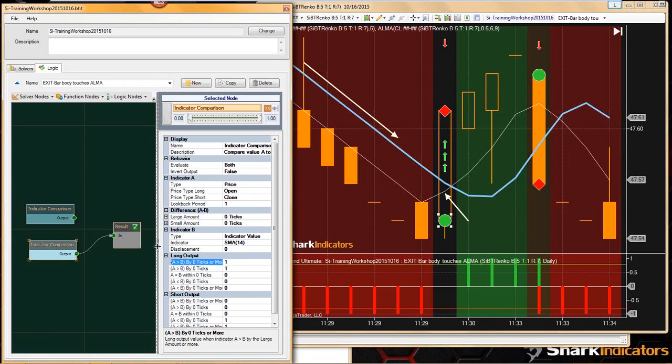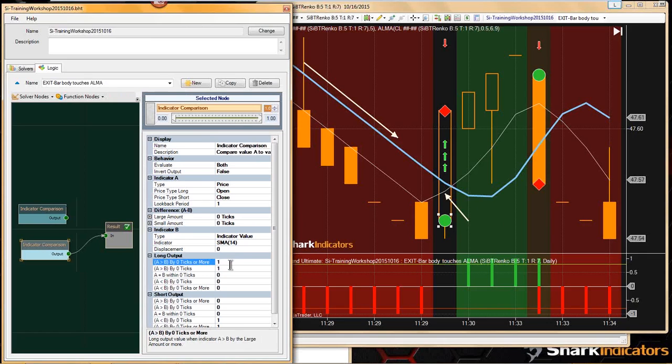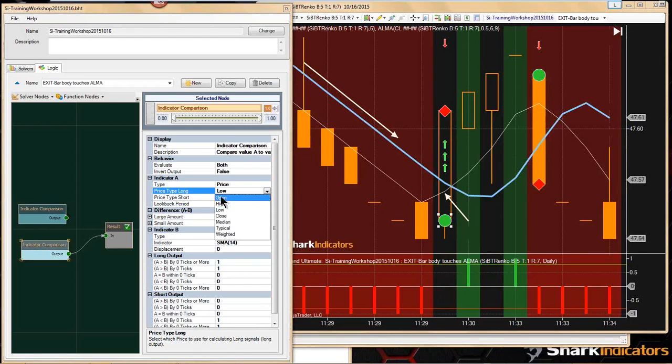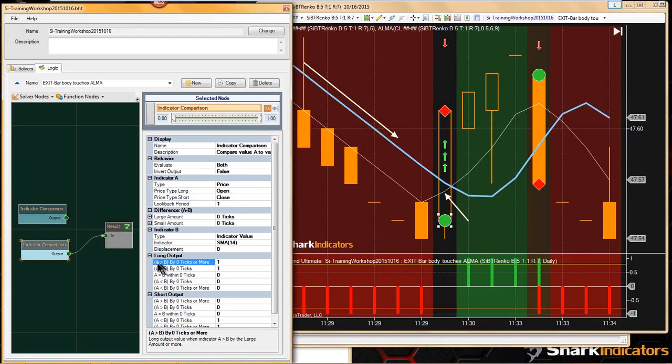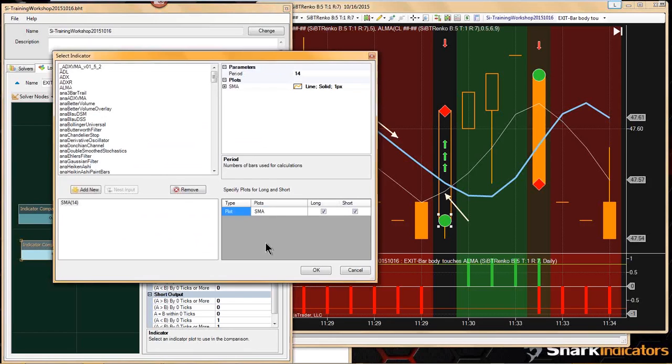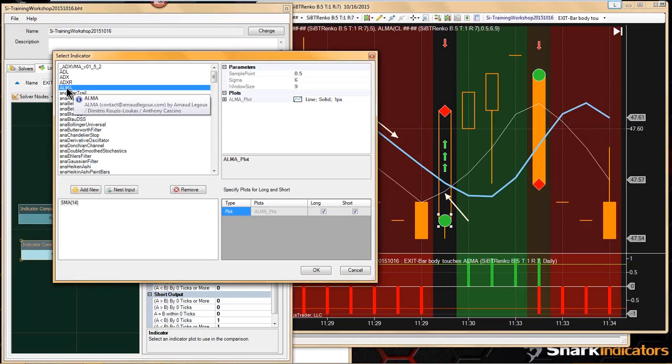So let me stretch this open a little bit. Instead of A being greater than B, remember, A is our open price. Oops, I double-clicked on that by accident. Let's set that back to open price. There we go. Right now the long output is looking for the open price to be greater than the indicator. Let me go in here and set the indicator up. Let's put our ALMA in there instead of the SMA.